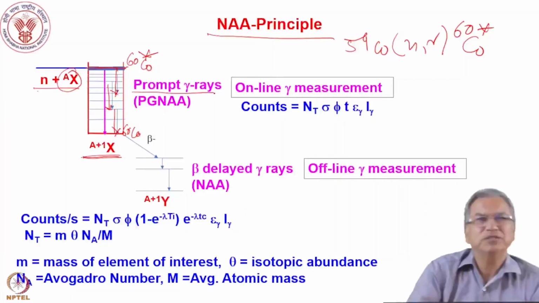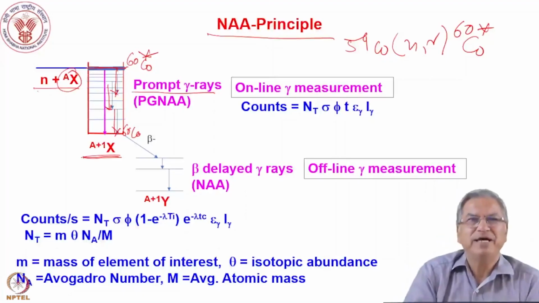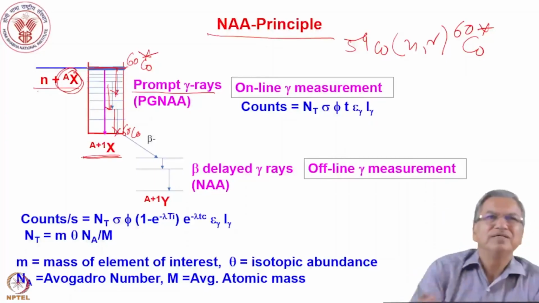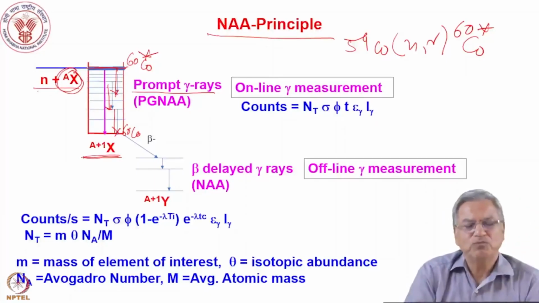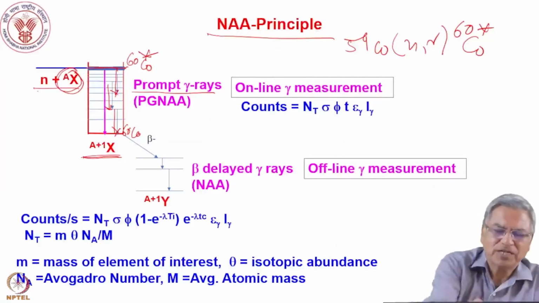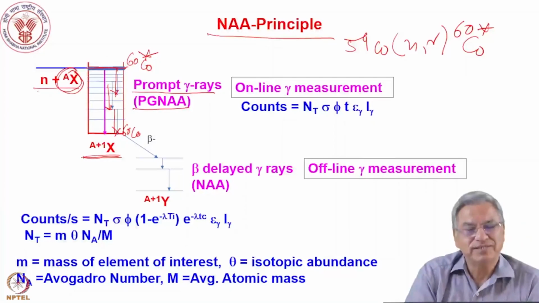These prompt gamma rays can be counted online by an HPGe detector. So you can determine the concentration of this isotope using the measurement of prompt gamma rays emitted by the sample. And this technique is called prompt gamma neutron activation analysis.